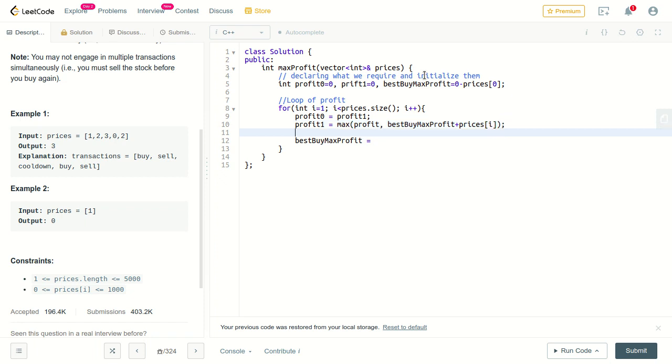And obviously here you have to select the max of previous buy by max profit and profit 0 minus prices[i]. Why is that? Because we have to skip one time, right?